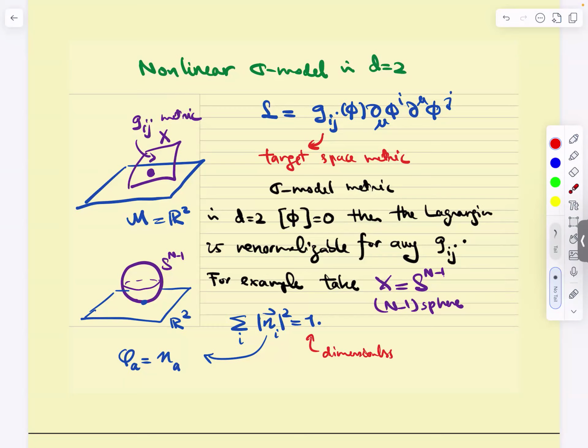In particular, what is the action I'm going to write? Previously, think about this action, the derivative of phi I, derivative of phi I, with eta mu nu. This is the space-time metric, but I've used a trivial field metric.